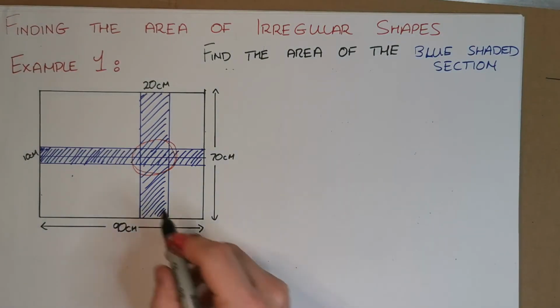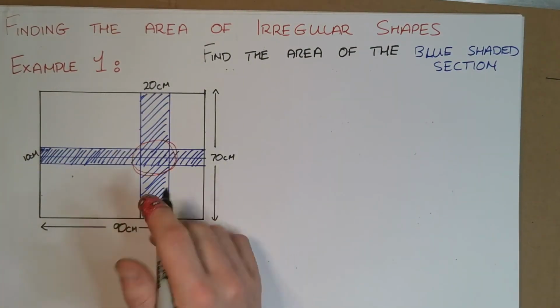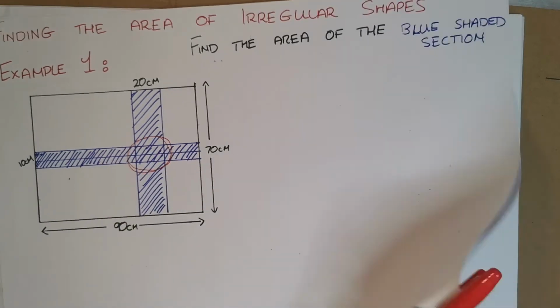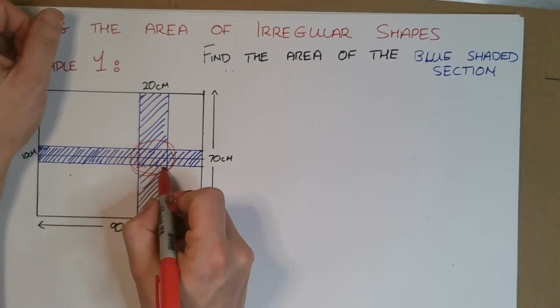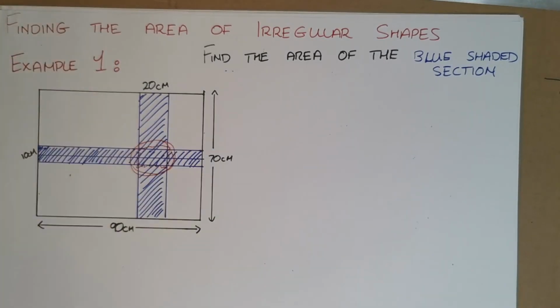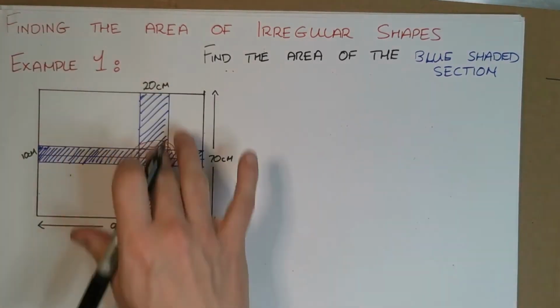So we are going to get these two strip areas, and then get the area of this little rectangle in here, and take that away from our final answer, because we've included it twice by taking both strips.